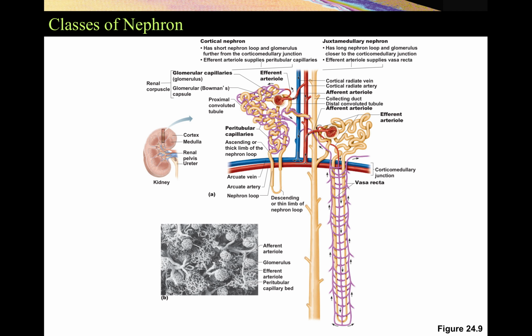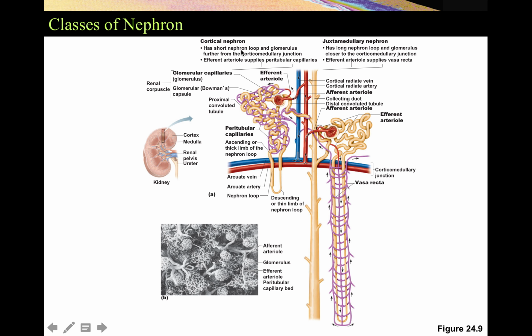I'm going to show you the picture right here. Notice this is your arcuate arteries and vein right here, which means this is the medulla, this is the cortex. And you notice that the majority of the nephron, except part of the loop, is located within the cortex. Therefore, we refer to this as a cortical nephron.